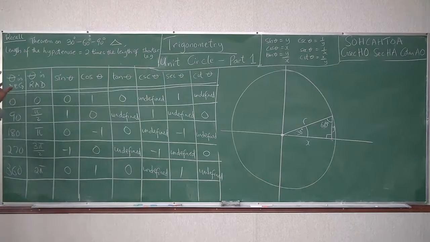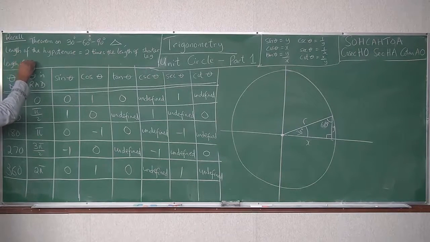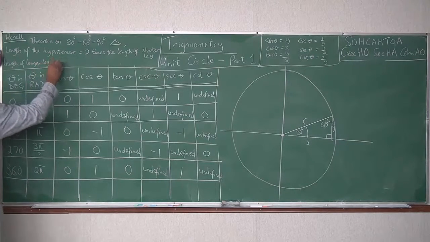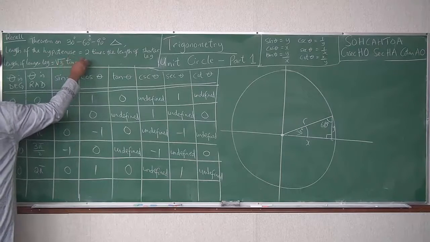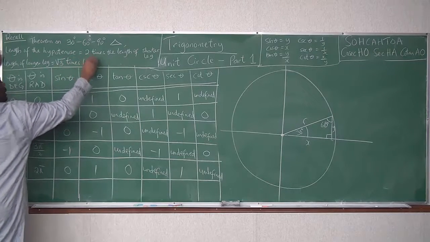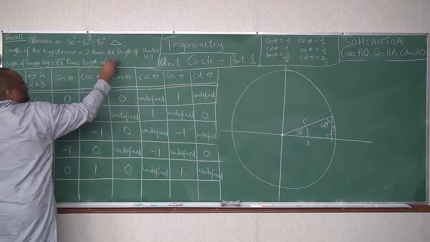The length of the hypotenuse is 2 times the length of the shorter leg, and the length of the longer leg is equal to square root of 3 times the length of the shorter leg.